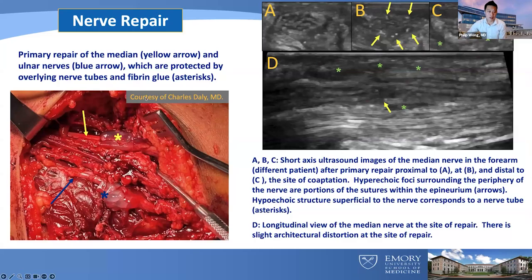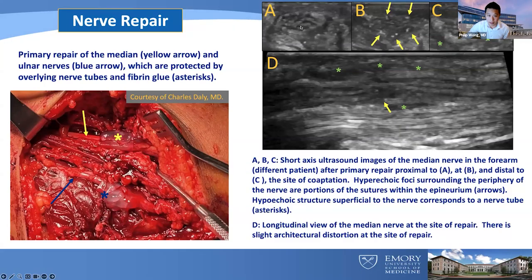And then primary repair. This is another surgeon that we worked with who showed us this picture of a patient who underwent nerve repair. They repair the nerves and then put nerve tubes and fibrin glue around it to protect the repair. And this is an example of the nerve repair under ultrasound. Here's a median nerve in the forearm in a different patient that underwent primary repair.